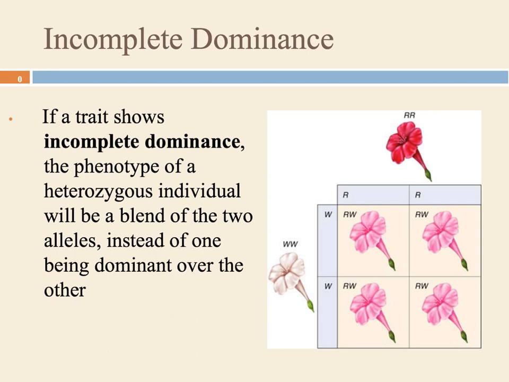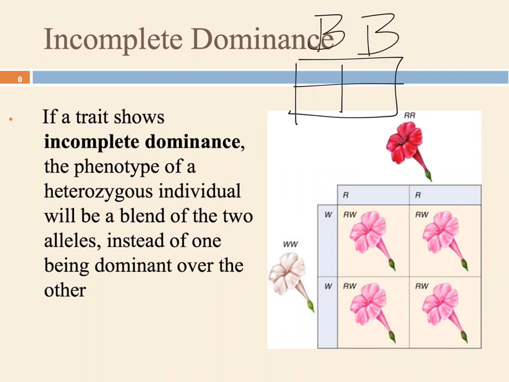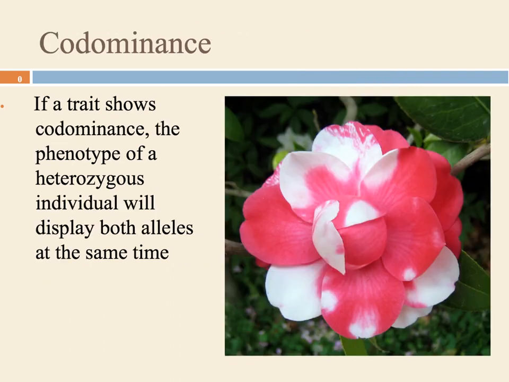The same would be true, let's say we have butterflies, and black is dominant, and we cross a white butterfly as well, and all of the offspring come out gray. All right, that would indicate that that is an example of incomplete dominance, because notice that all of the offspring are heterozygous and all of them are gray, a blending of the two. So that would be an example of a trait that would exhibit an incomplete dominance inheritance pattern.